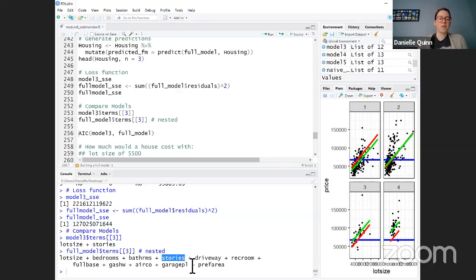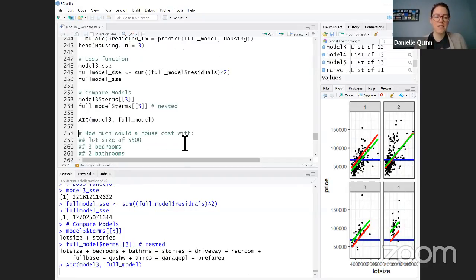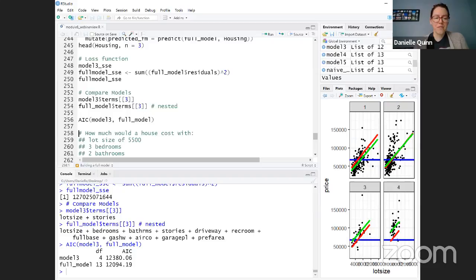There's nothing in model 3 that isn't found in the full model. So these are nested, and we could use AIC to compare those. The AIC has gone from 12,380 down to 12,094. So that's another piece of evidence that would say this full model is much better than our model 3.